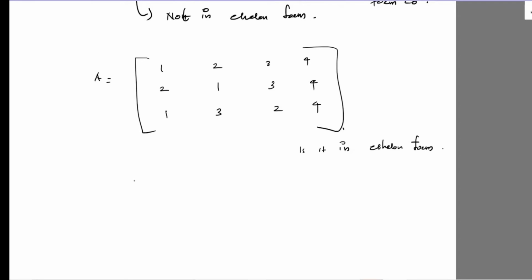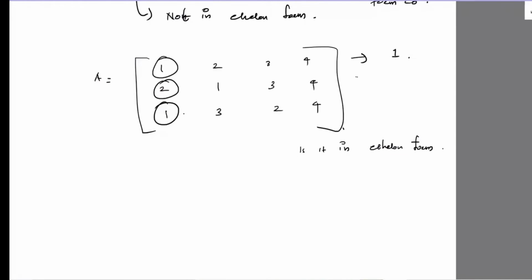What is the second condition? The second condition says the leading coefficient in each row must be ahead of the next leading coefficient. Here the first leading coefficient is 1, the second is 2, and the third is 1. The position of the first leading coefficient is 1, as it is in the first column.